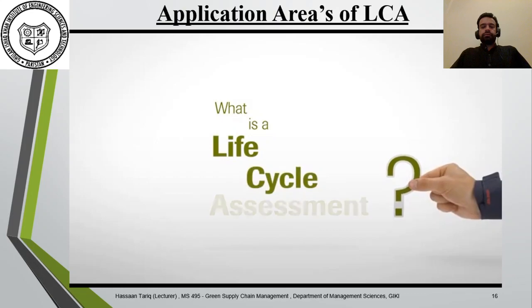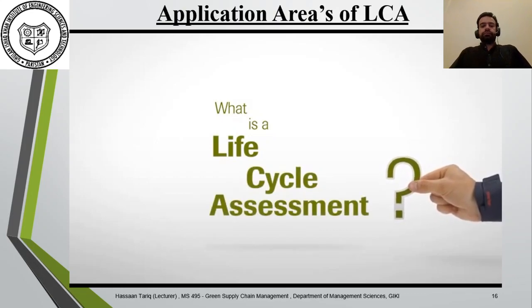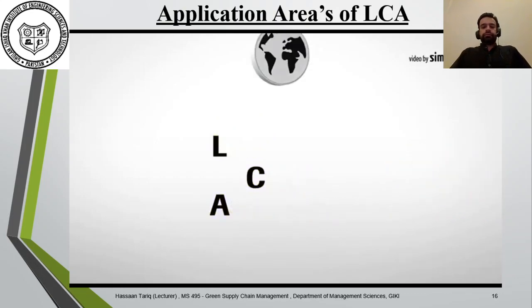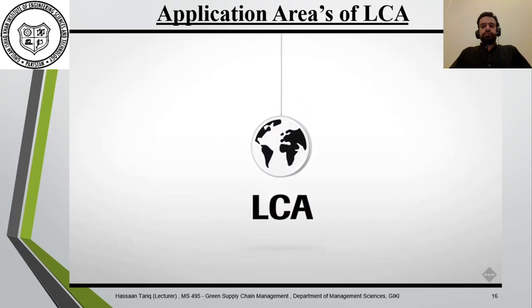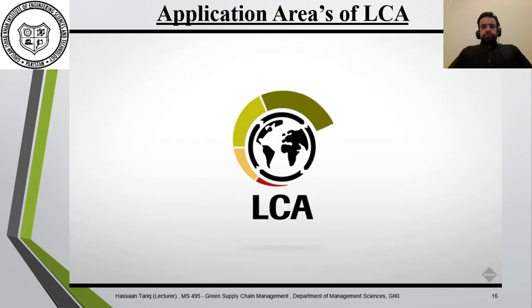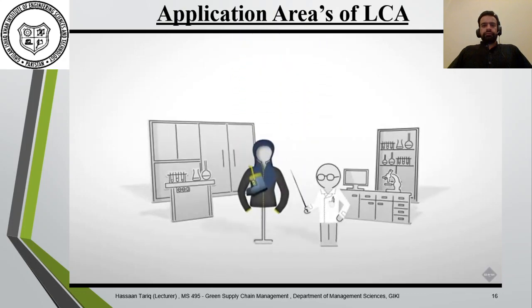What is a life cycle assessment? Life cycle assessment, or LCA, is an internationally recognized standard and currently the best method available to scientifically measure the environmental impact of a product. The great thing is, LCA doesn't consider just one aspect. It looks at the bigger picture.